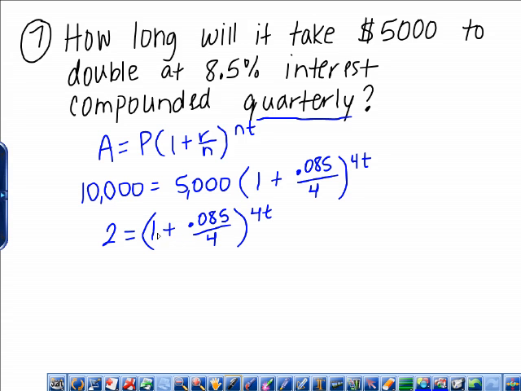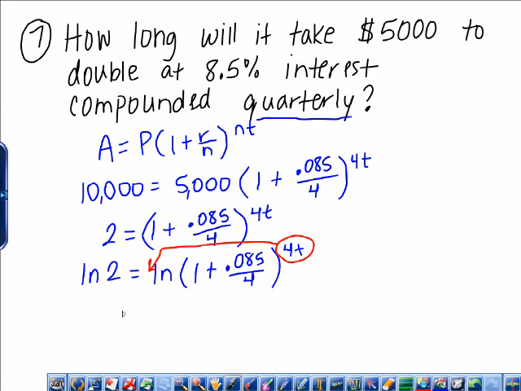All right, now if we're solving this out algebraically, this is an exponential. What would I do to solve? I would take natural log of both sides. So natural log of 2 equals natural log of, now this is going to be a decimal that you could actually figure out what number that is. I'm not going to simplify it. You wouldn't want to round though, so I'm not even going to mess with that yet. All right, 4t is going to become my coefficient here.